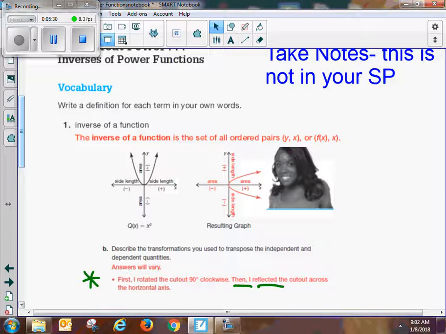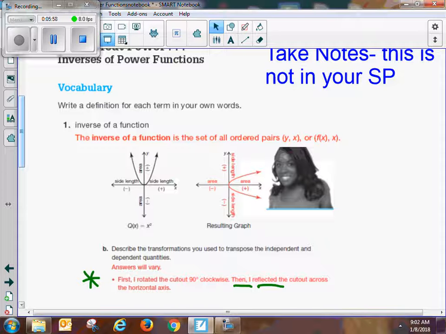Now, I want to look at the picture. Anybody still writing this? Yeah. Okay, so look at my parabola.